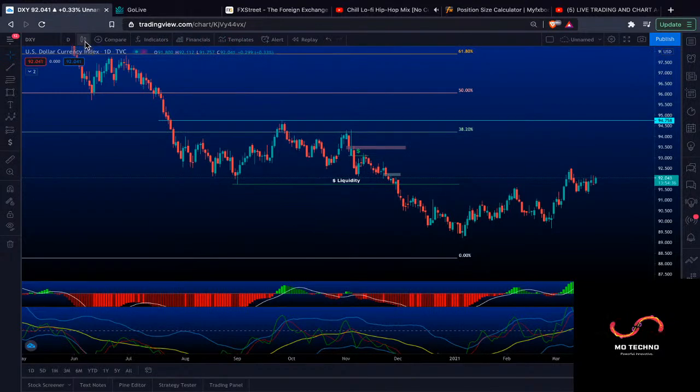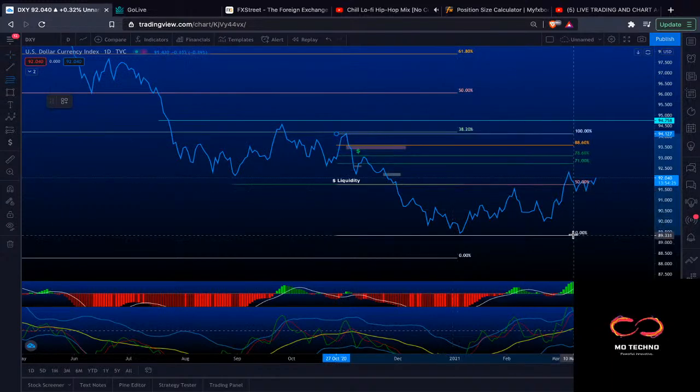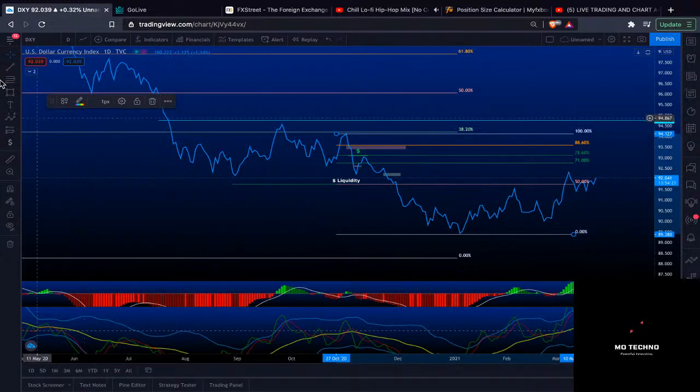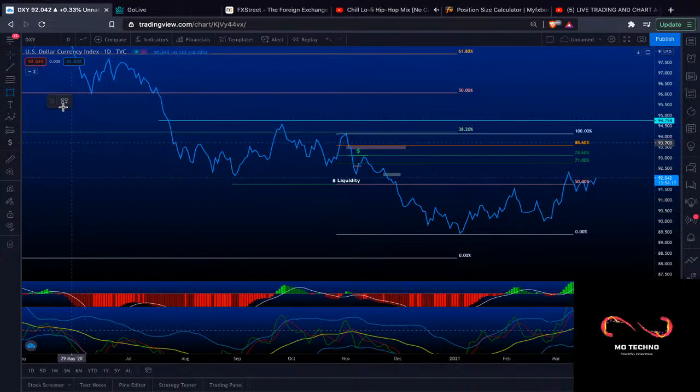On the daily time frame, I am going to jump on the line chart and take a fib, measuring from this high to this low. Now I have three areas that are my personal points of interest, whether it is for a sell or for a buy. In our case, for a sell.